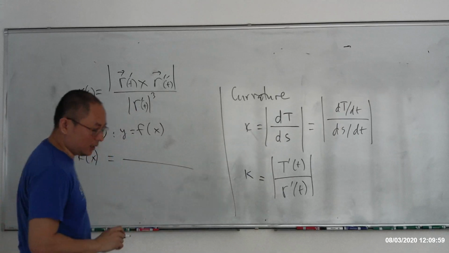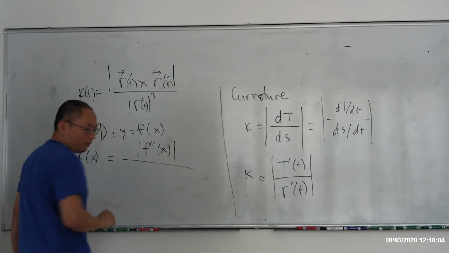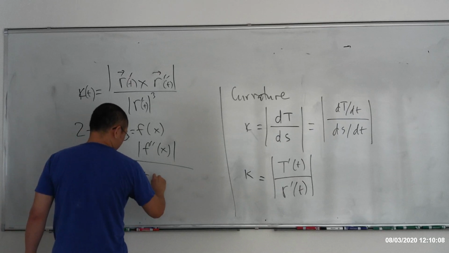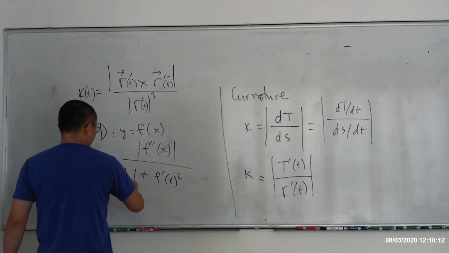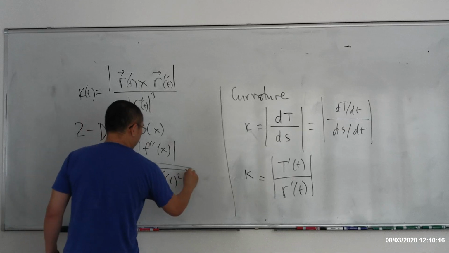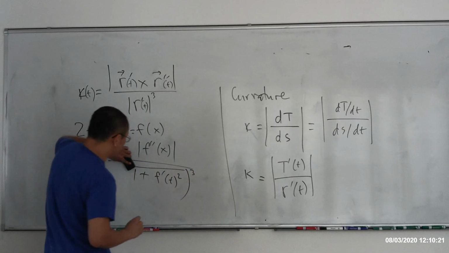Then the formula is this: f double prime of x over 1 plus f prime of x squared, take the square root, and then everything raised to the third power. Or let me write it this way, raised to the power of 3/2.